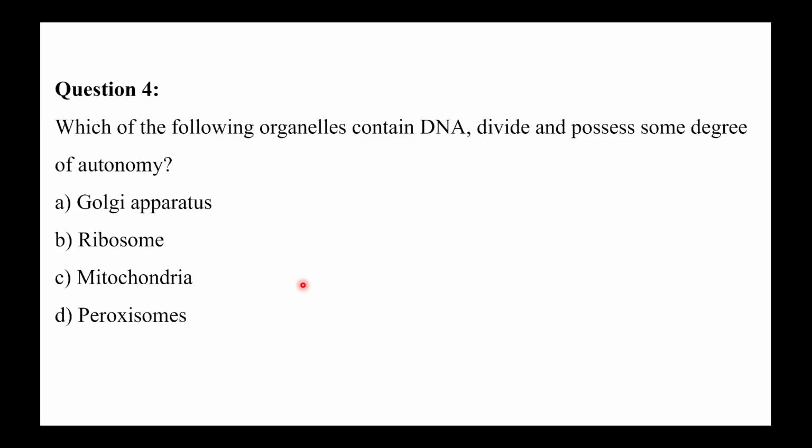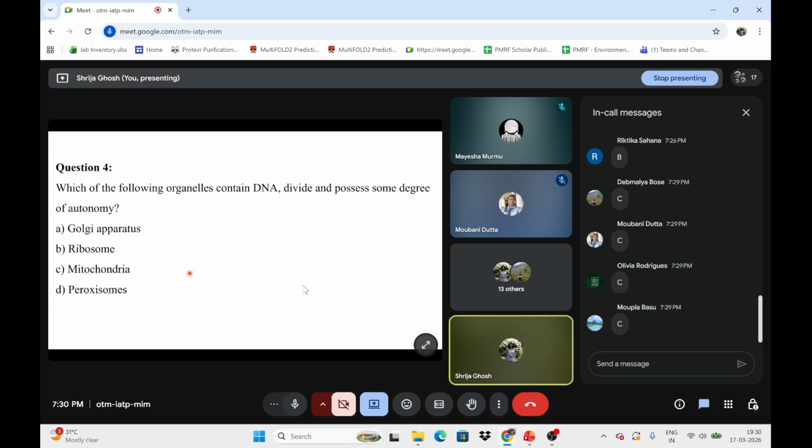Options are: option A, Golgi apparatus; option B, ribosome; option C, mitochondria; and option D, peroxisomes. Write your answers in the chat box.